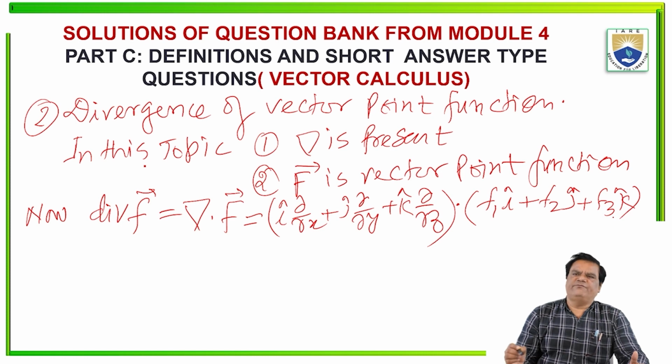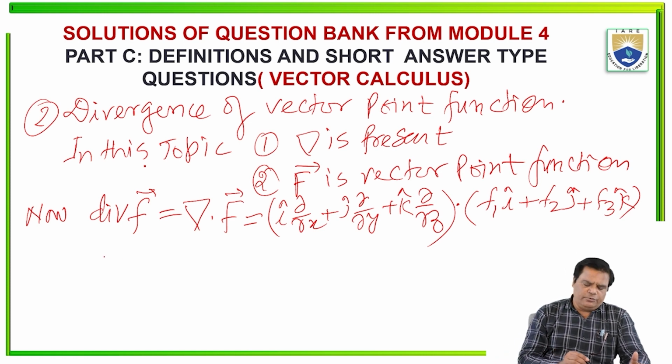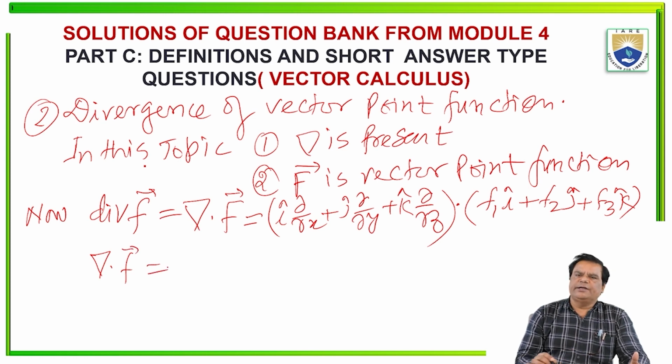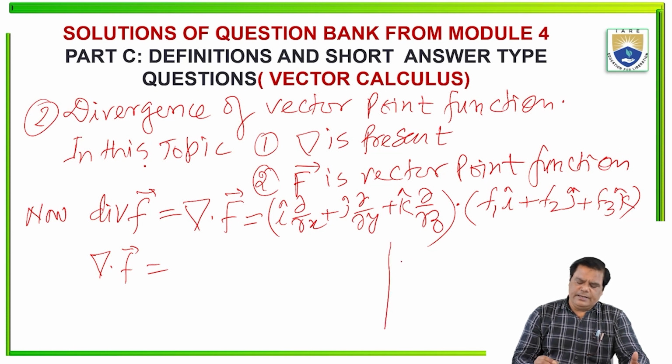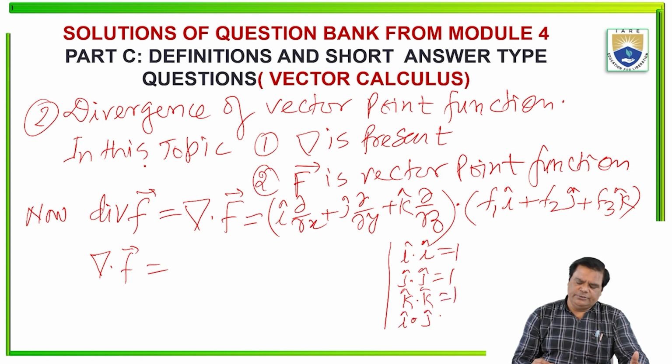This is the vector point function f. So now del dot f, taking the dot product: i dot i is 1, j dot j is 1, k dot k is 1, i dot j is 0, j dot k is 0, and k dot i is 0.